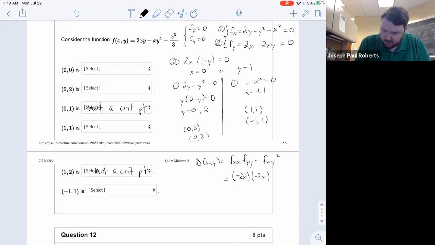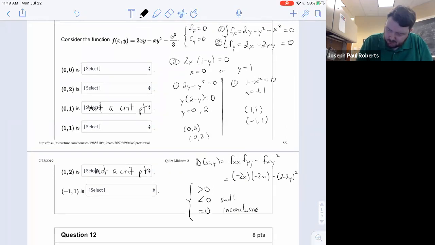And then the mixed partial is 2 minus 2y. And then D, positive, negative, or 0: if it's negative, it's a saddle. If it's positive, you have to look at the xx second partial. That's kind of like Calc 1, where positive is a local min, negative is a local max.